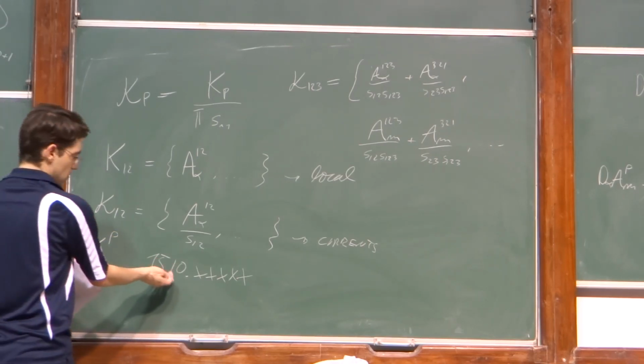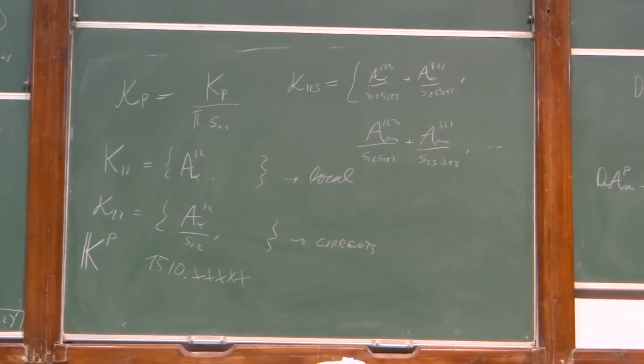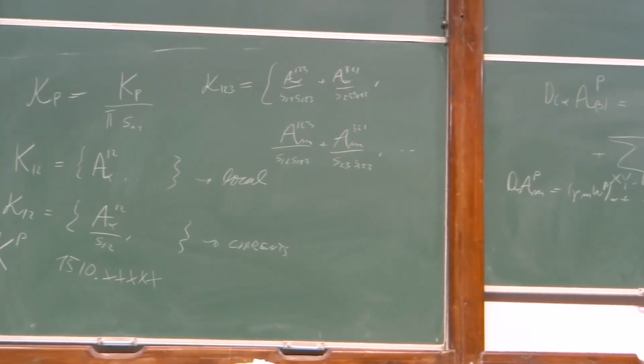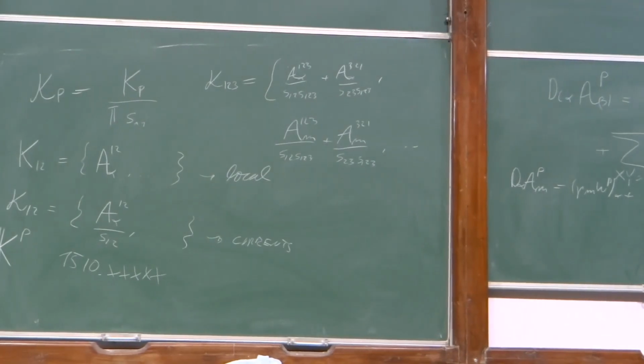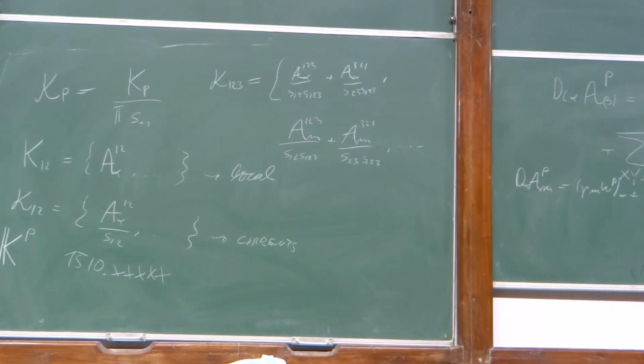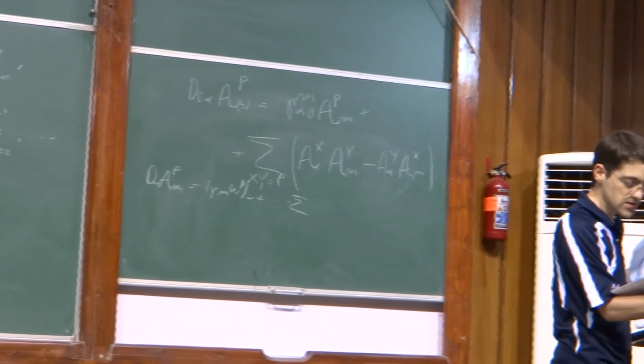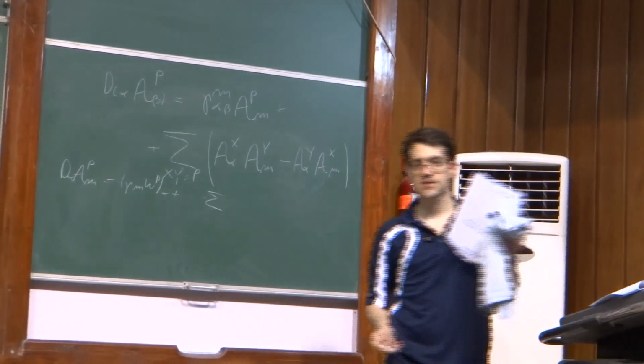There are two papers from October, but I don't have the preprint number. It's called nonlinear gauge transformations in the equal-stand super Yang-Mills theory and the BCJ duality.